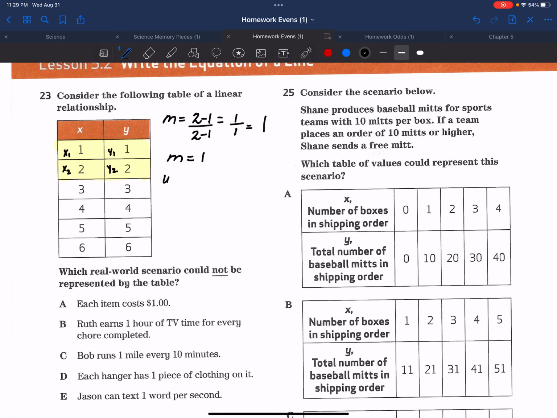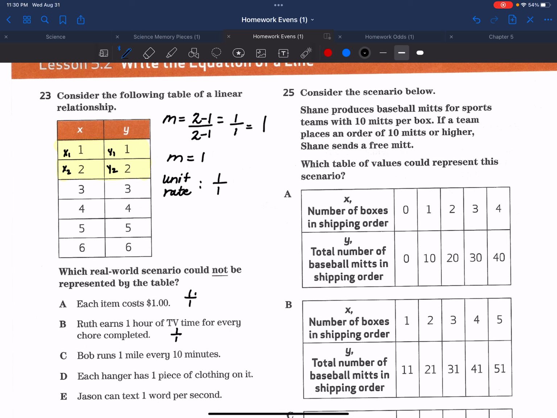If slope is 1, what is the unit rate? Each item costs $1. Ruth earns 1 hour of TV time for every chore completed.